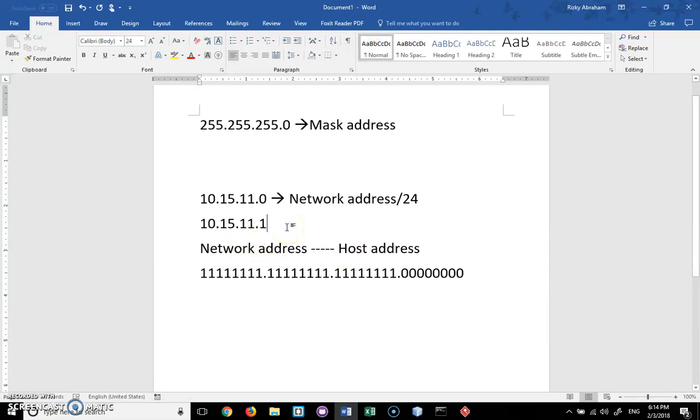I assume you guys understand the broadcast address. Let me explain a little bit. For example, this one is a mask address of this network address right here.